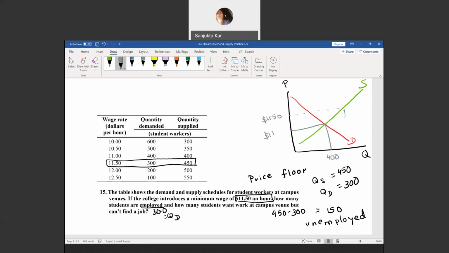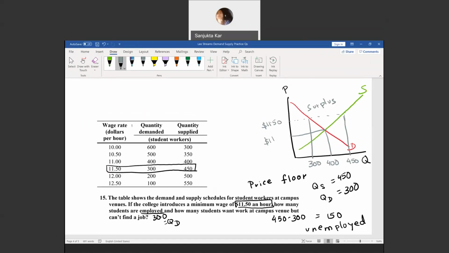At $11.50, quantity supplied is 450, quantity demanded is 300. So we have surplus workers here. This is going to cause a surplus. Okay.